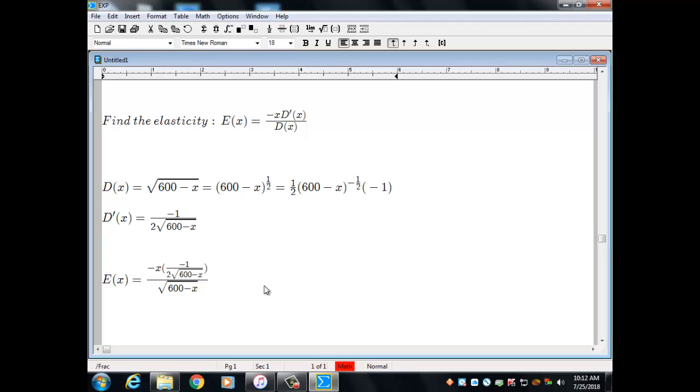Now, if you do a little bit of simplification, here's what you'll notice. Negative times negative is positive, so this is really just x over 2, the 2 from here, and then 600 minus x over 600 minus x will just become 600 minus x.